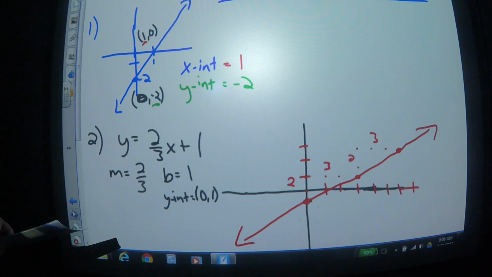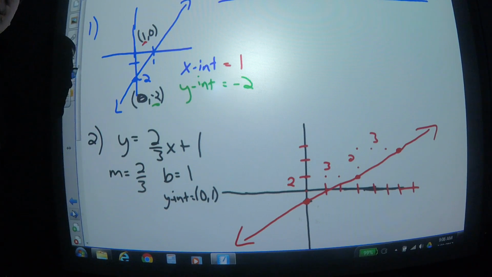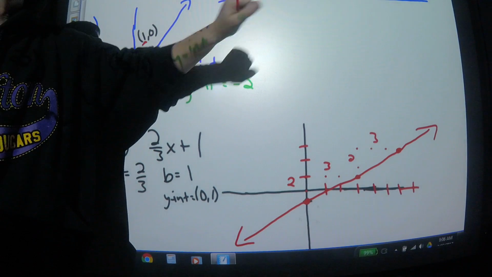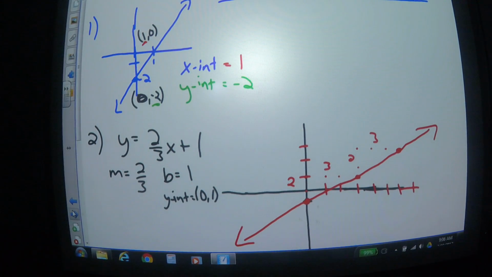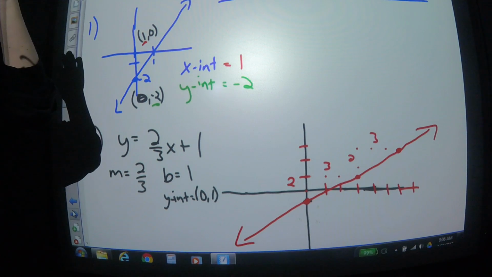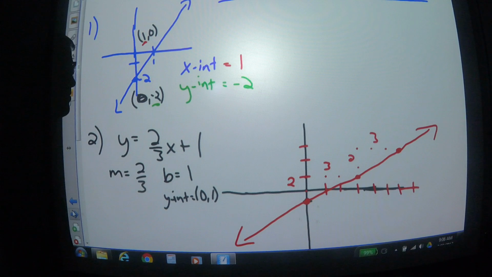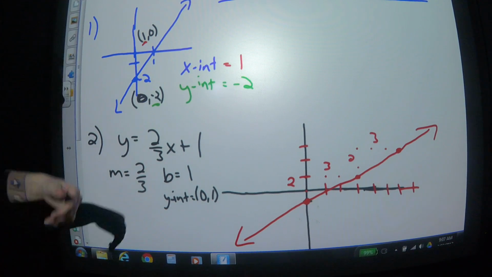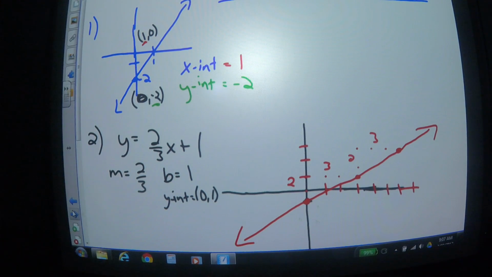So in the first question, they're wanting you to find the x-intercept and the y-intercept. Now, when you're doing slope-intercept form, you're going to only care about the y-intercept unless they ask otherwise, all right? So for the first question, they want you to find both. Well, what is the x-intercept? The x-intercept is where the line crosses the x line, okay?